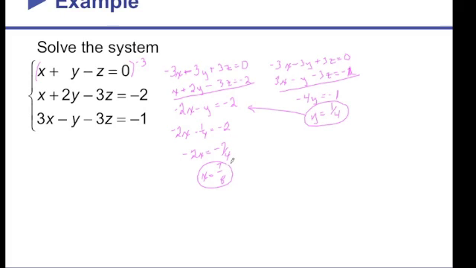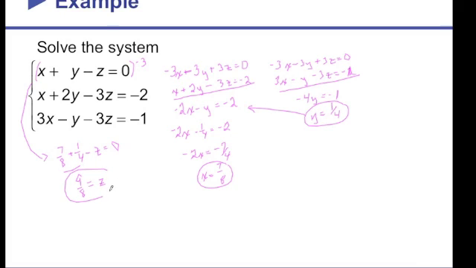Let's take both of those values and fill it in the top equation. So 7/8 plus 1/4 minus z equals 0. Well, adding these two together, 1/4 is the same as 2/8, so I'll have 9/8 equals, add the z to both sides, equals z.